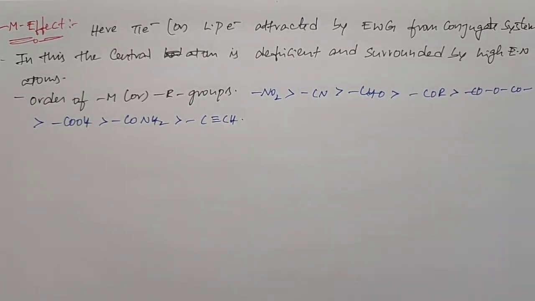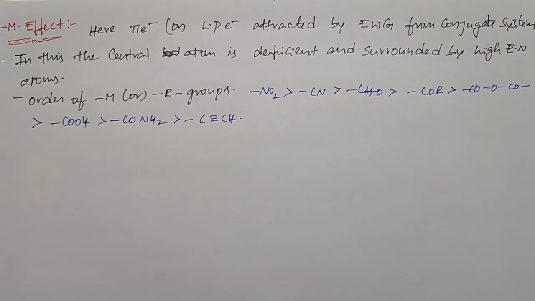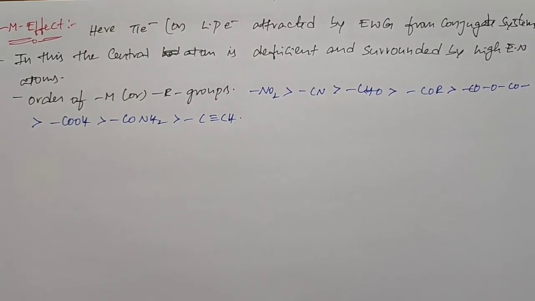So this is the order of minus M power for some groups. Here in the minus M effect, the pi electrons or lone pair electrons are attracted by the electron withdrawing group from the conjugated system.